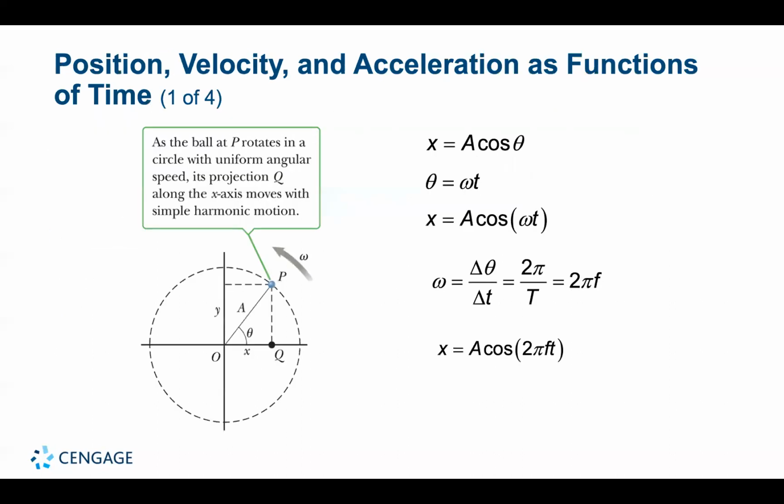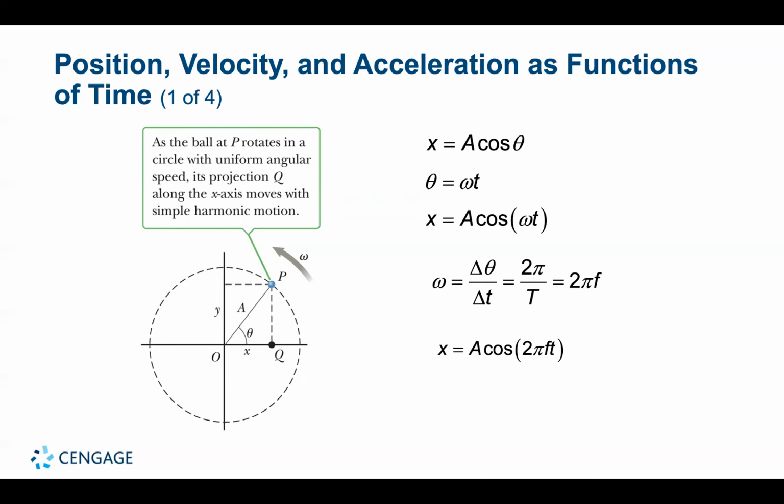So here we're looking at a reference circle. And so we can look again at the relationship between simple harmonic motion and uniform circular motion. If we look at the figure, which shows a ball at the rim of a rotating turntable of radius A, we can call the circle made by the ball the reference circle for the motion. Let's assume that the turntable revolves at a constant angular speed omega.